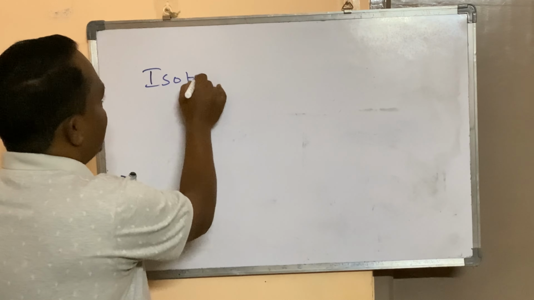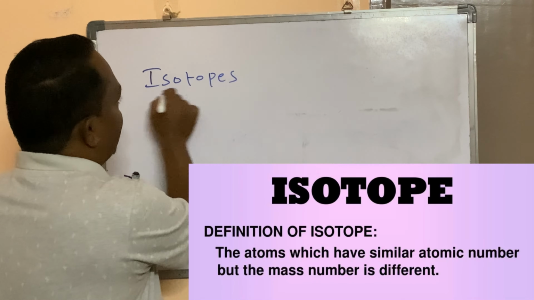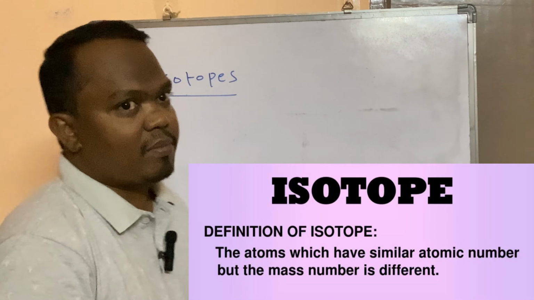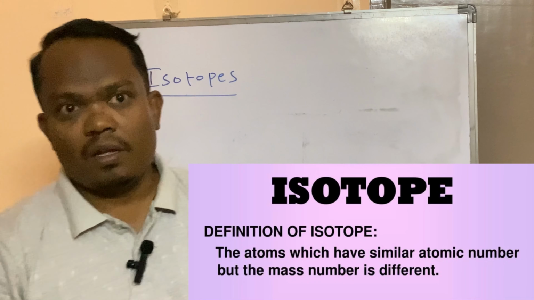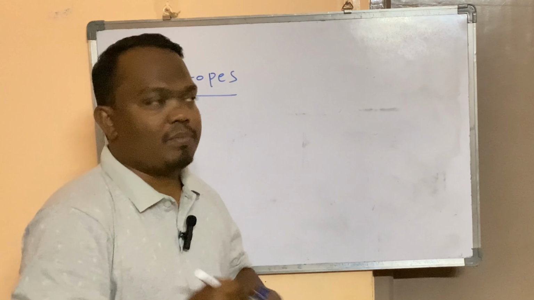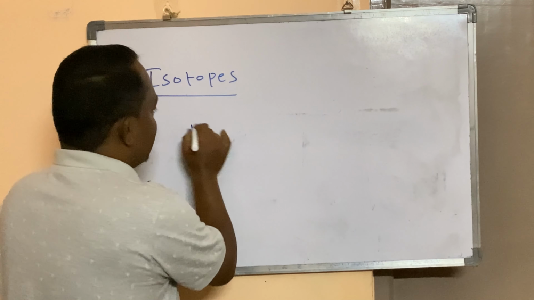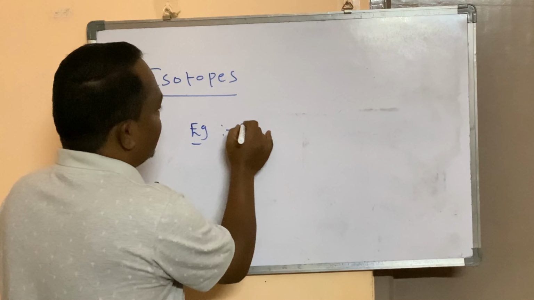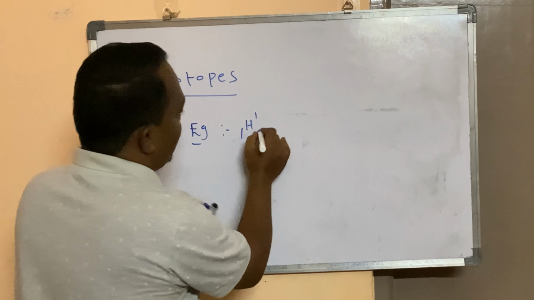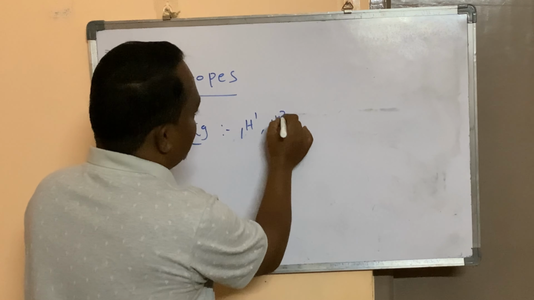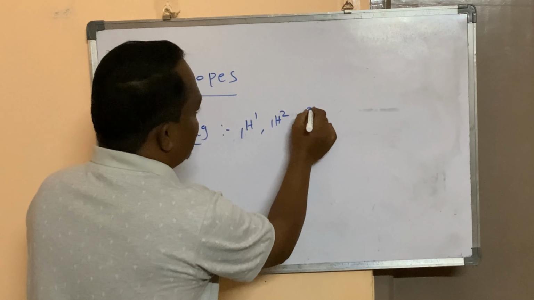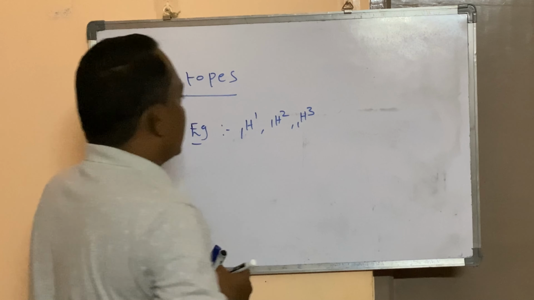Isotopes are nothing but the elements which have the same atomic number but differ in the mass number. Here we have an example, hydrogen. Hydrogen has three isotopes: 1H1, 1H2 and 1H3.